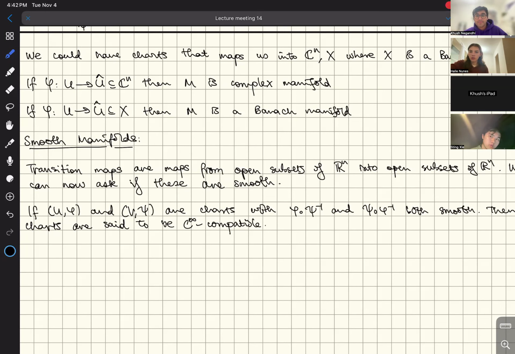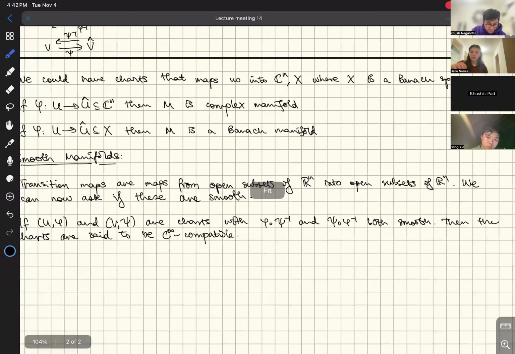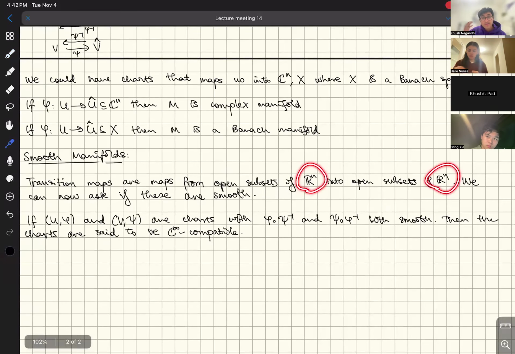This is just smooth in the normal sense, like the derivative sense, right? Yeah. So we have maps between Rn and Rn, and then we talk about whether those maps are smooth or infinitely differentiable.